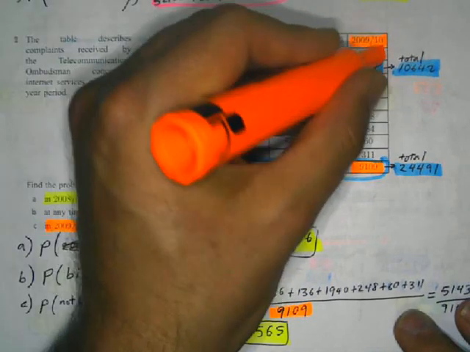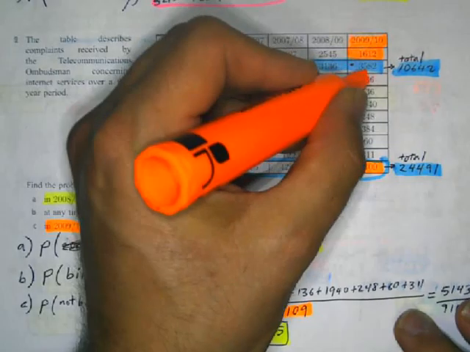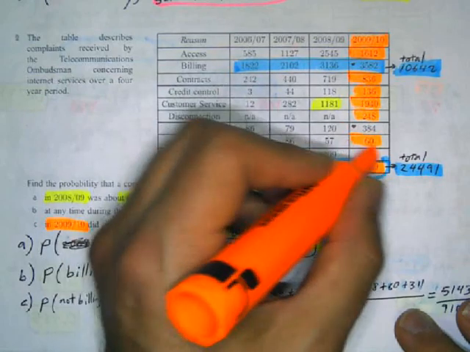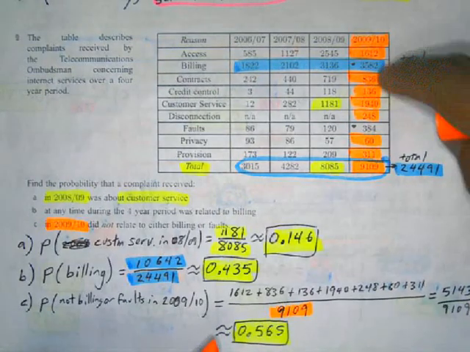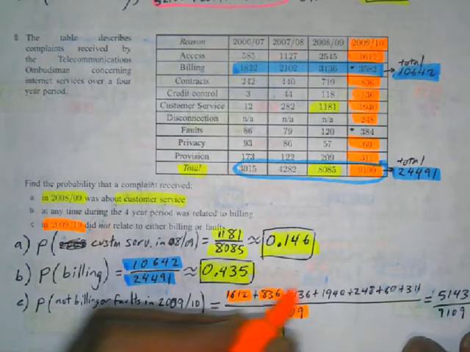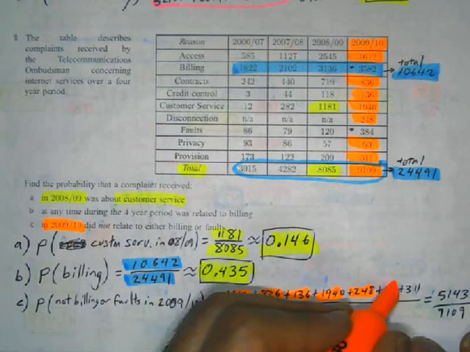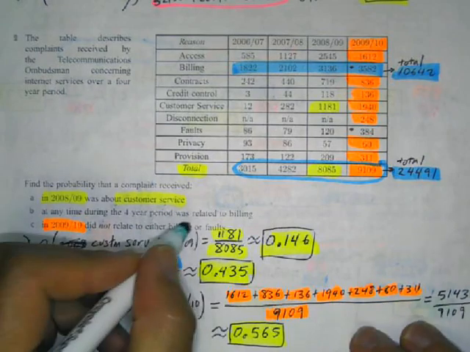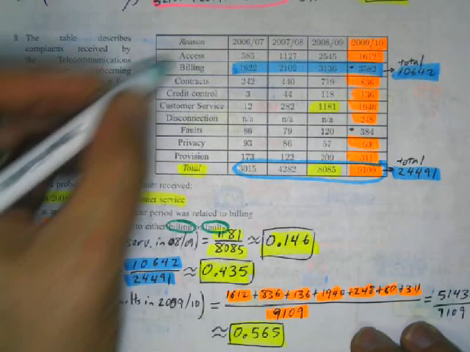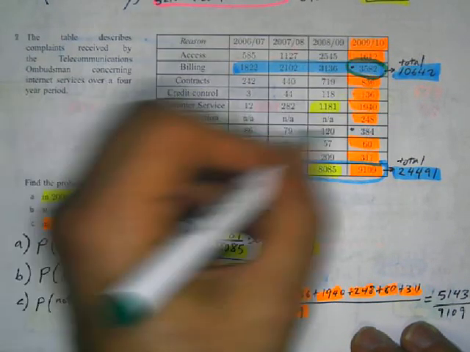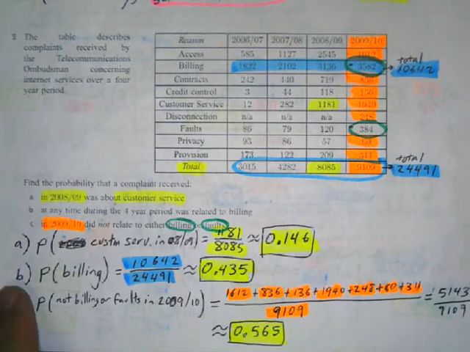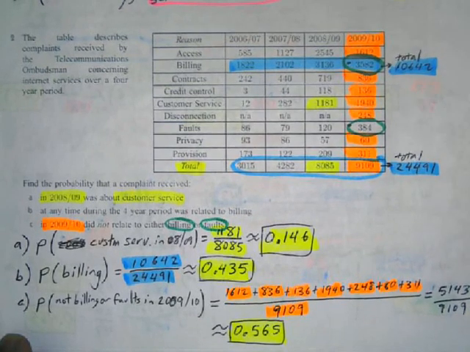So I'm going to add all of these except billing and faults. These ones here with billing and faults, I don't put them in the numerator. Okay, and let's go to the next one. Hit pause if you need to see this again.